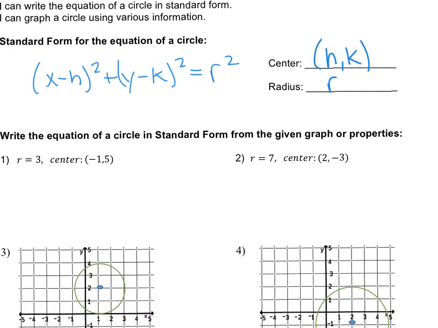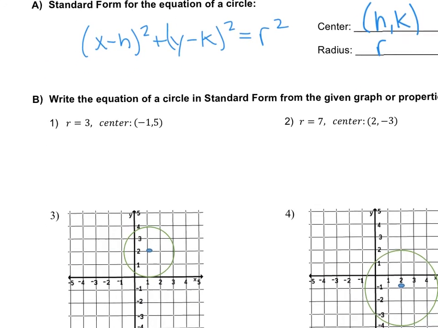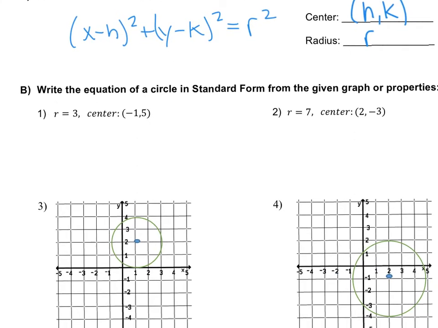So let's look at a few examples here where they give us the center and they give us the radius, and all we're going to do is just plug it into our form here. The first one gives us a radius of 3, and the center is -1, 5.